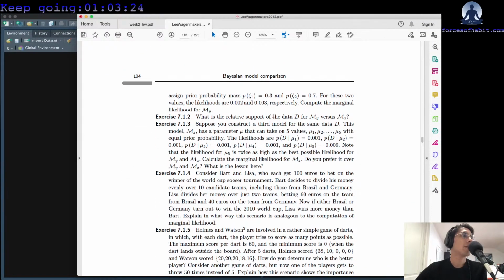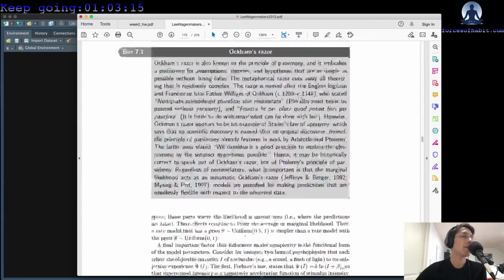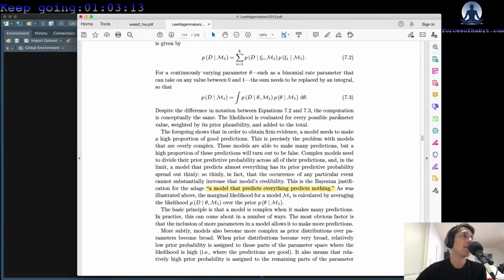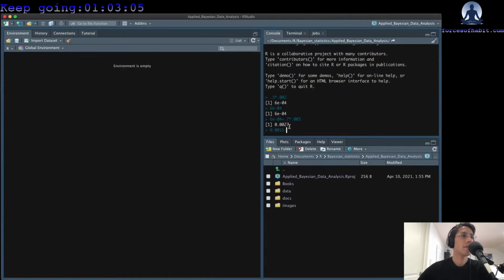So what is the relative support in the data for model Y versus model X? Well, if I got 0.0027 and we have 0.005, we could argue that this could be a ratio, so model 1 over model 2.